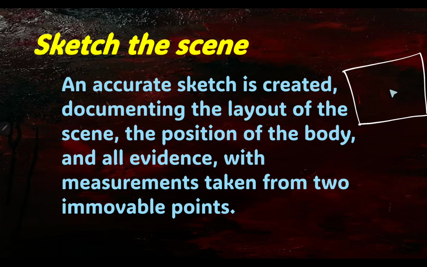So this is a room, a homicide, and again a dead body, I'm killing him again and again. This is the wall, an immovable point, and if you are taking this as the reference point, I'll write it as reference point. There is a knife here, there is a pool of blood here.